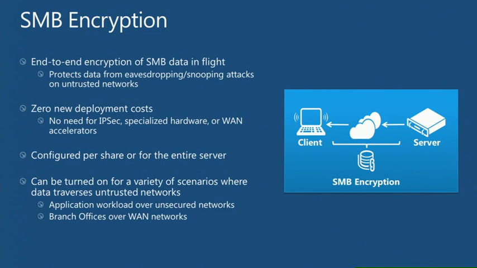You might be thinking, oh, do I need to do IPsec? Not if you don't want to. If you have 10 shares and only one of them has sensitive information that needs encryption, you can do SMB encryption for just that share, no IPsec required, unless you want to encrypt the entire traffic between the two boxes.